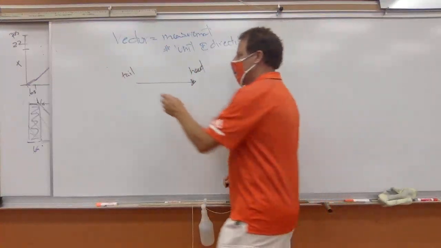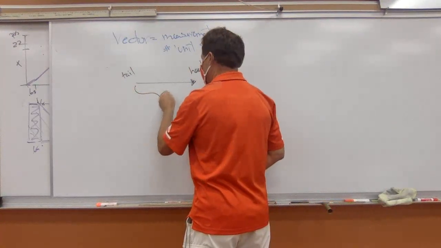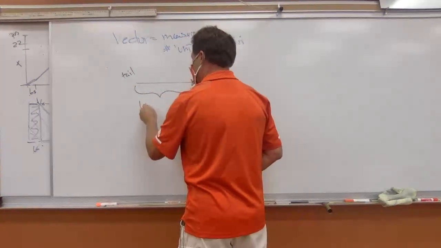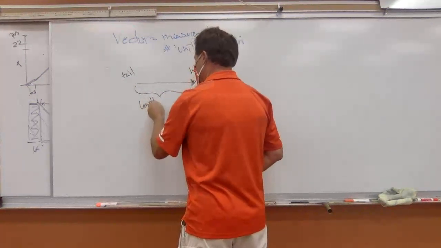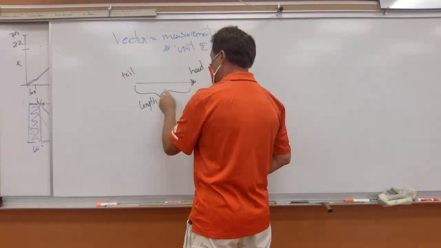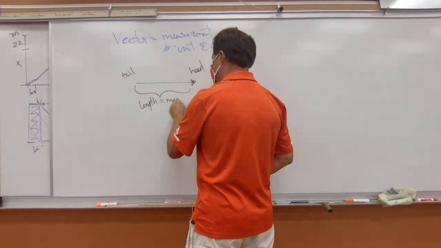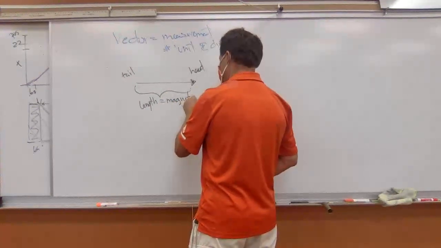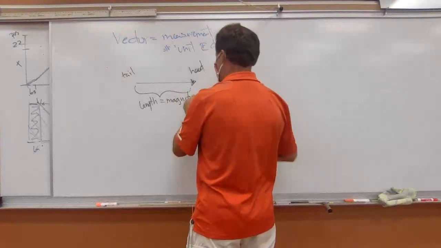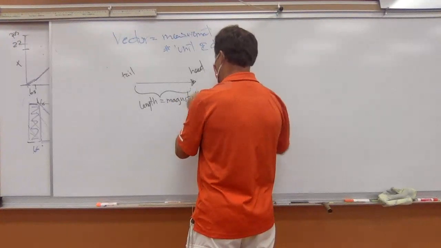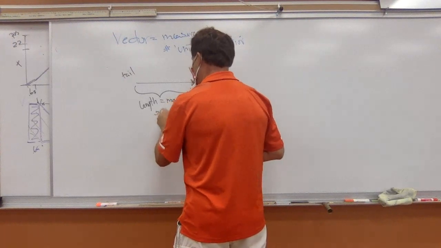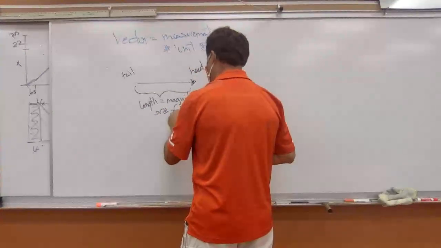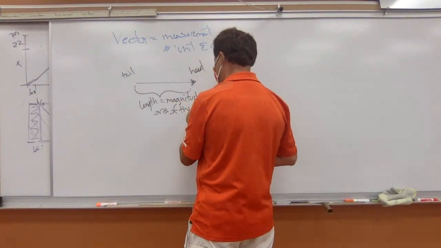The length of the vector is equal to the magnitude, or number, of the measurement.